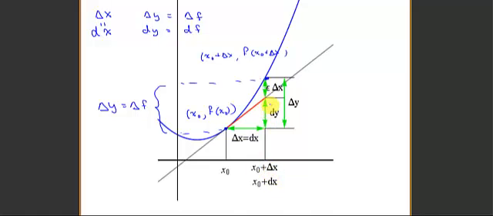Then the change in y along that tangent line is what we call dy or df, which is the differential. These are known as differentials, and these are the increments.